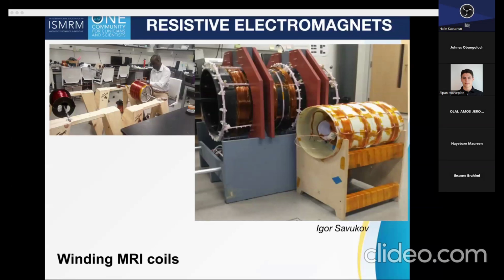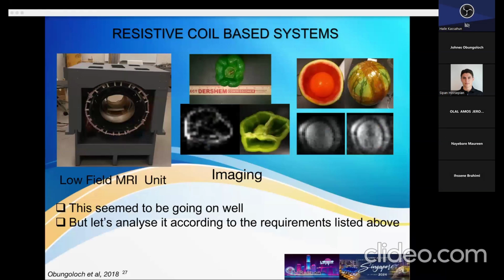So we have not only built permanent magnet systems, we have also tried to build resistive magnet coils, and you can see me there winding a solenoid coil to use in our pre-pulse system. And we have also tried to carry some imaging with that.